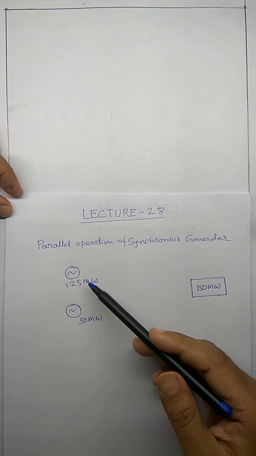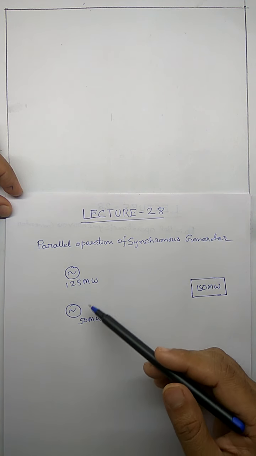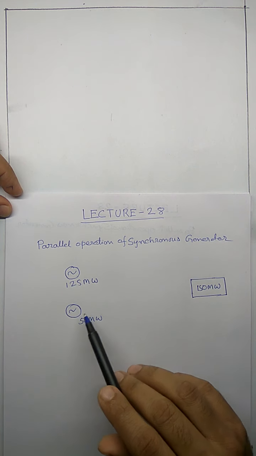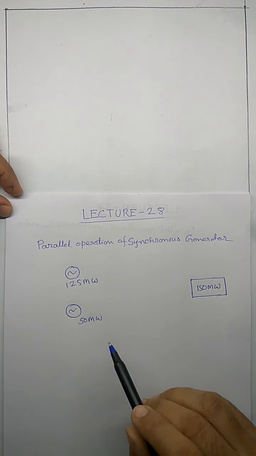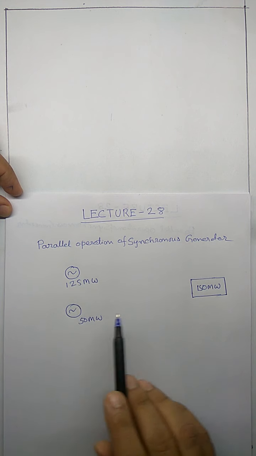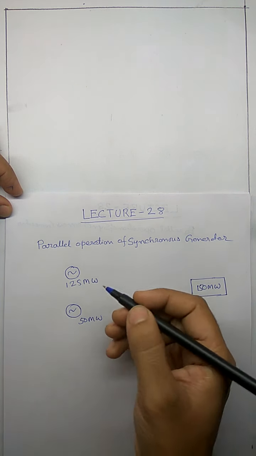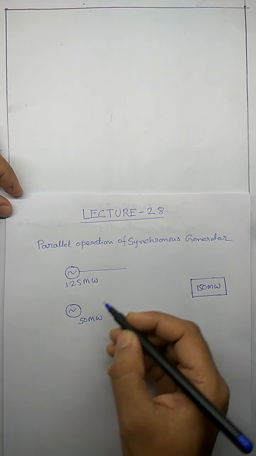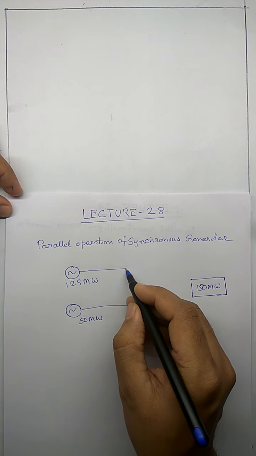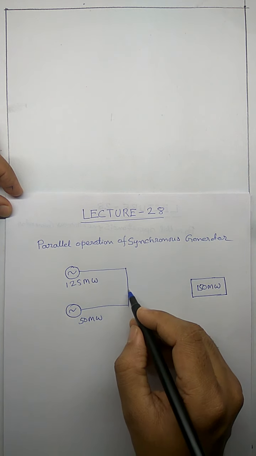Now, if I combine these two, the generation is more than the load, so these two can supply this. But neither this one can alone supply this, nor this one can alone supply this. So what I have to do is connect these two in parallel and then connect them to this load.